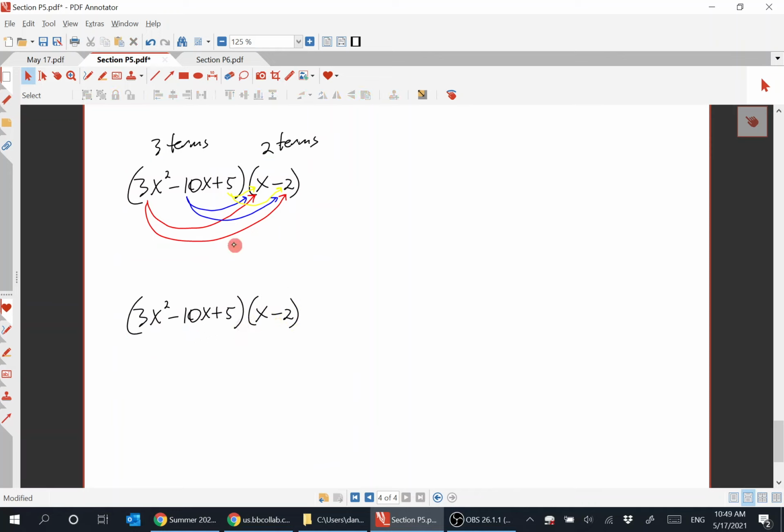okay, let's take 3x squared multiplied by x. So 3x squared times x plus 3x squared times minus 2. Next, I'm not going to be able to fit it all in one line here.